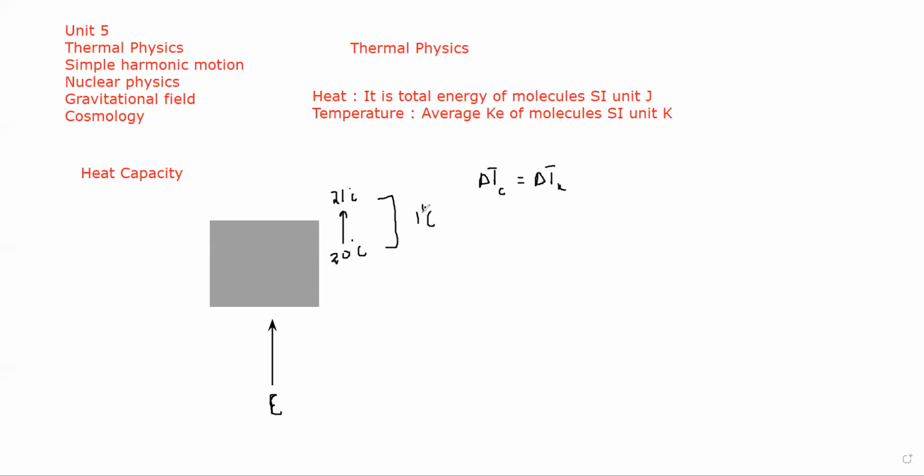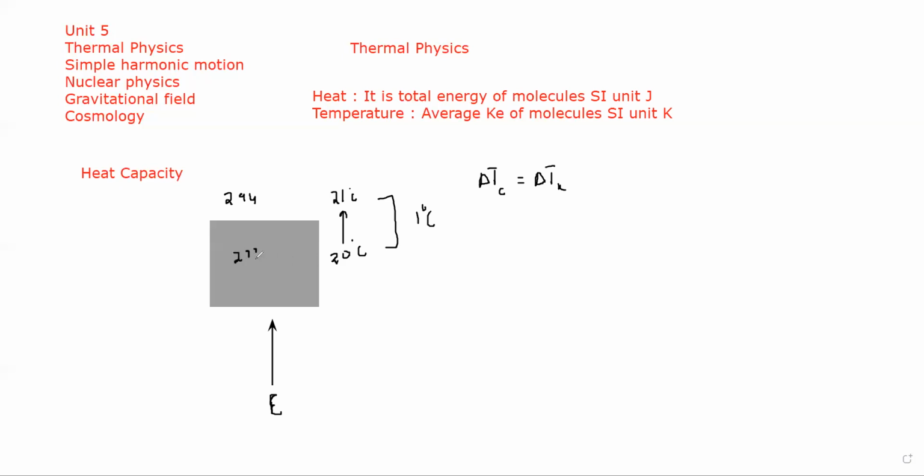Because if I convert both of them, for example 21 degrees centigrade, I will convert into Kelvin by adding 273. So 273 plus 21 makes 294, and 273 plus 20 is 293.